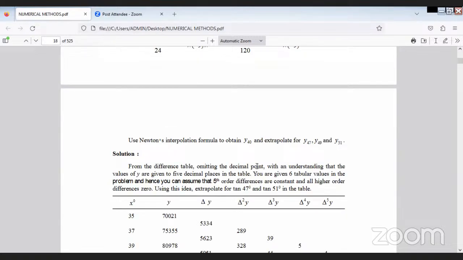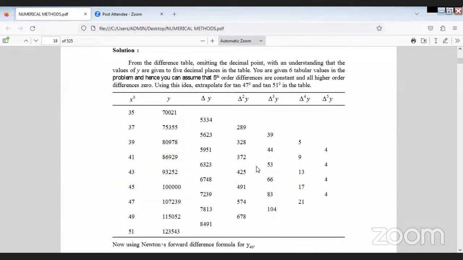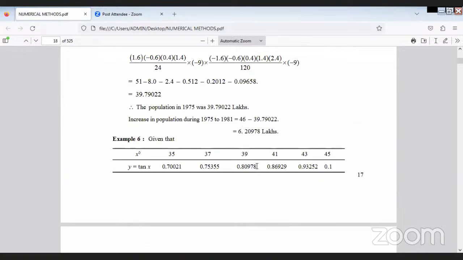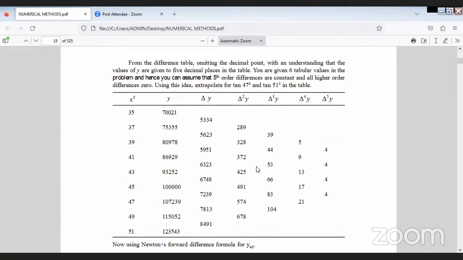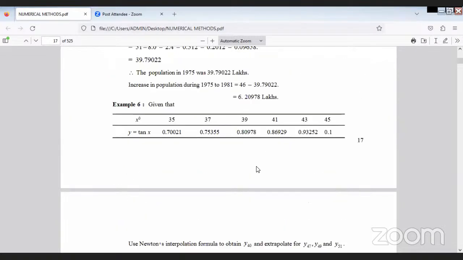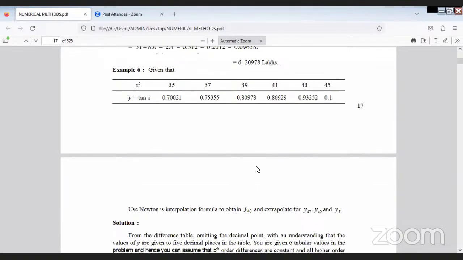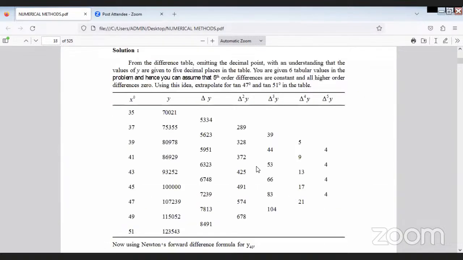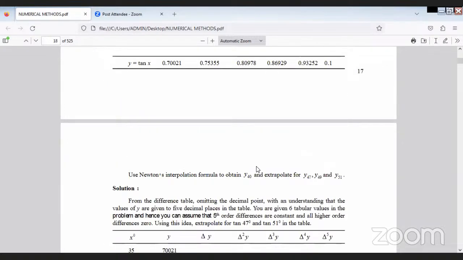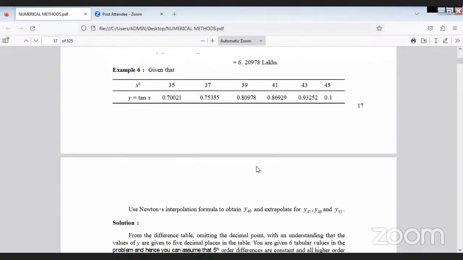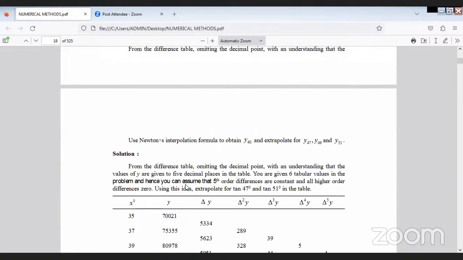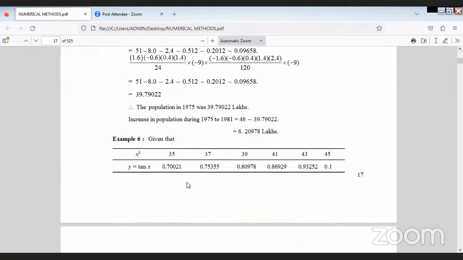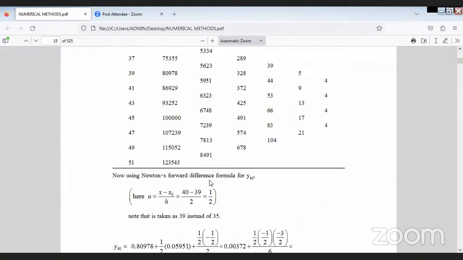Use it to obtain y at 40, 47, 49, 50. The y values are given here, from 0.7022 up to 45.